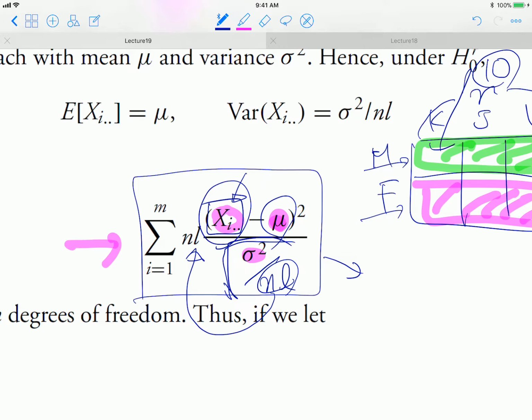In this table, how many sample means do we consider? Just 2, right? So we just standardize each of them, and then sum the squares of these 2. So the degree of freedom will be just 2 in this case.